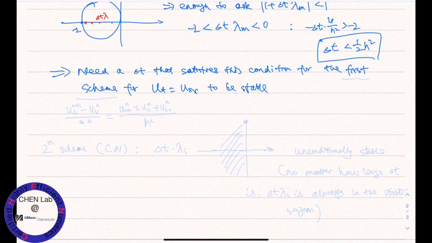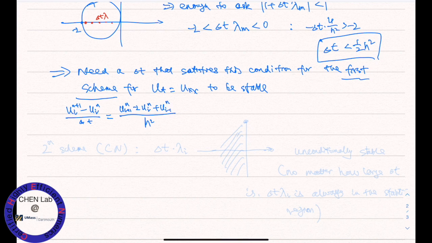What is the first scheme? Again, let's write what we did last time: u_i^{n+1} minus u_i^n divided by delta t is equal to 1 over h squared times u_{i+1}^n minus 2 u_i^n plus u_{i-1}^n.